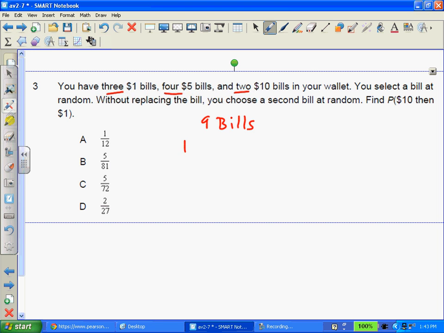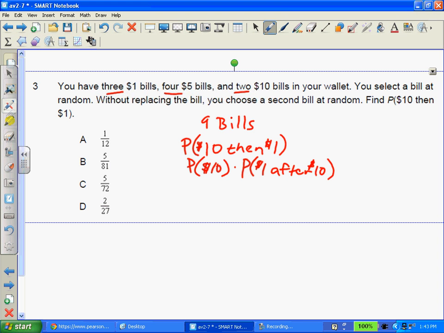So the probability of choosing a $10 bill and then a $1 bill is the probability of choosing a $10 bill times the probability of choosing a $1 bill after the $10 bill.